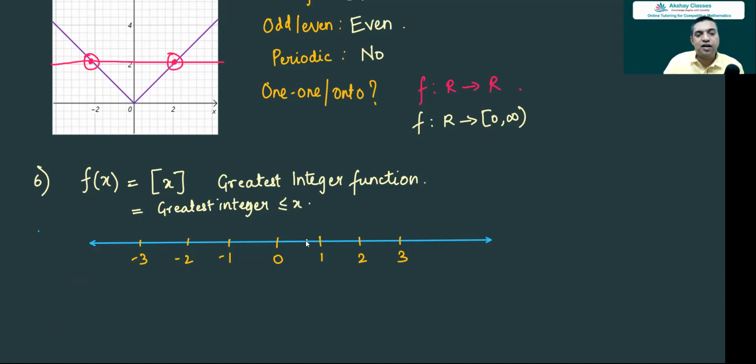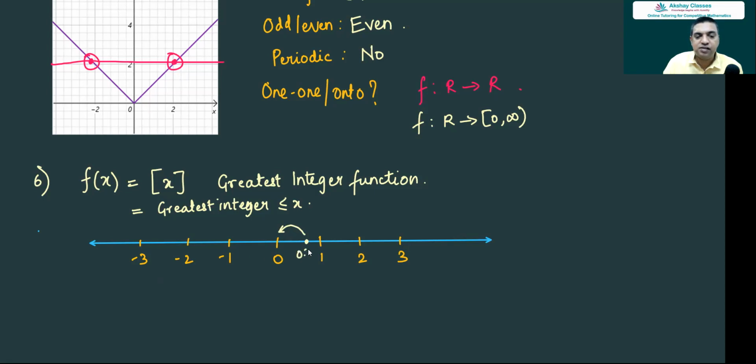So if you have 0.75 as the number, x is 0.75. The greatest integer less than 0.75 is 0.